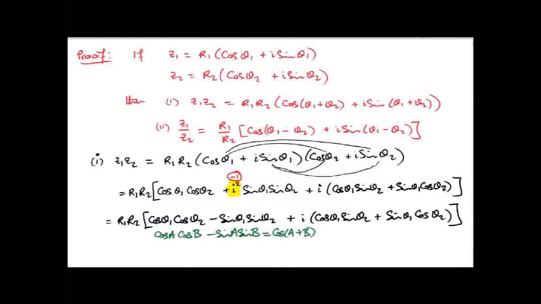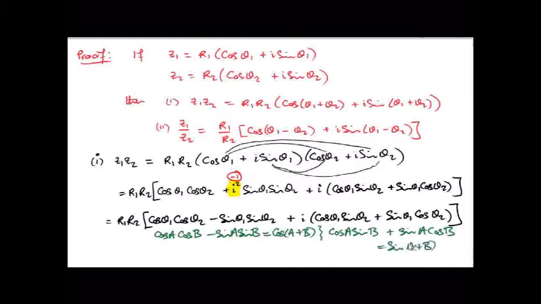So would you agree then that this first part here, just put in theta 1 instead of A and theta 2 instead of B, it's actually the cos of theta 1 plus theta 2. Okay? And the second part over here, cos A sine B plus sine A cos B, what's that?